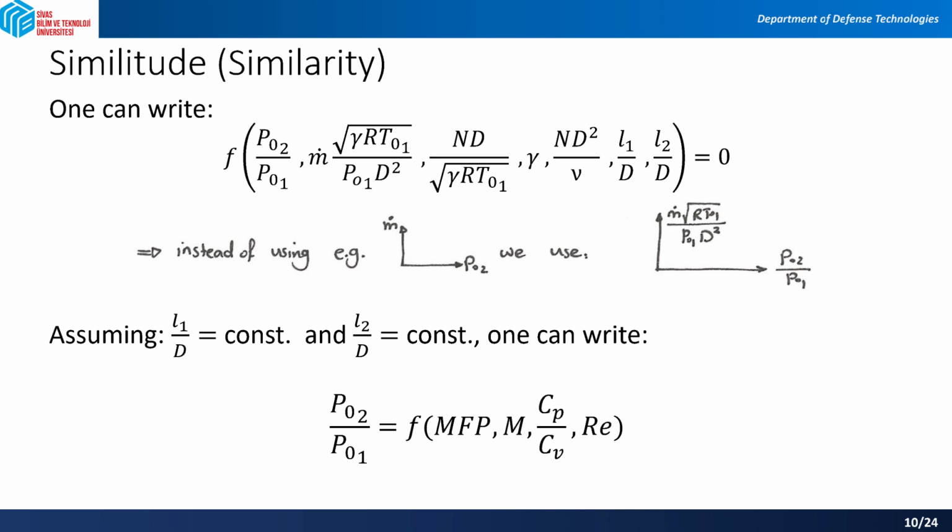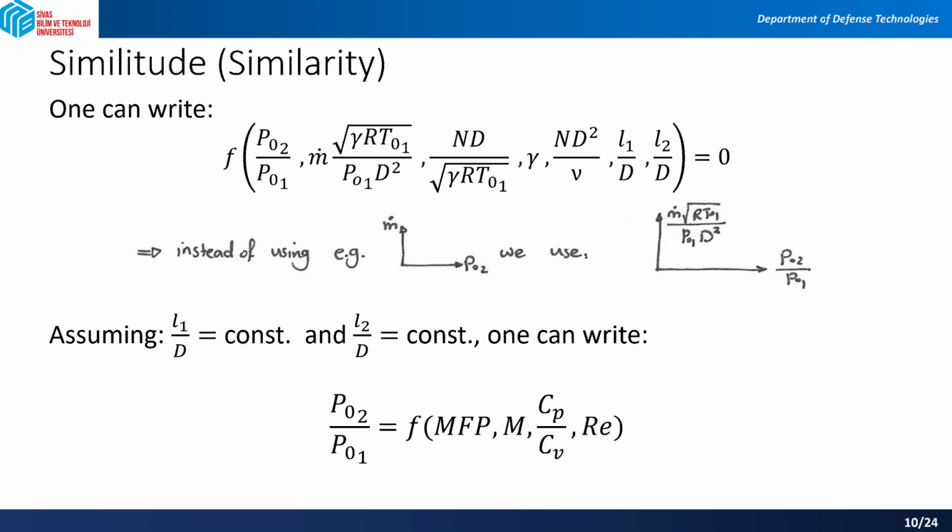So what is the benefit of this? The benefit is that instead of using, for example, mass flow rate versus the exit pressure of the turbomachine, you can use mass flow parameter versus pressure ratio, and give the variations based on this.